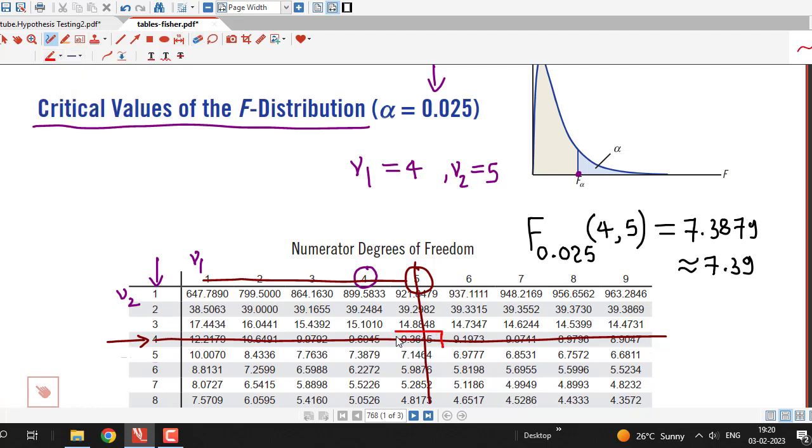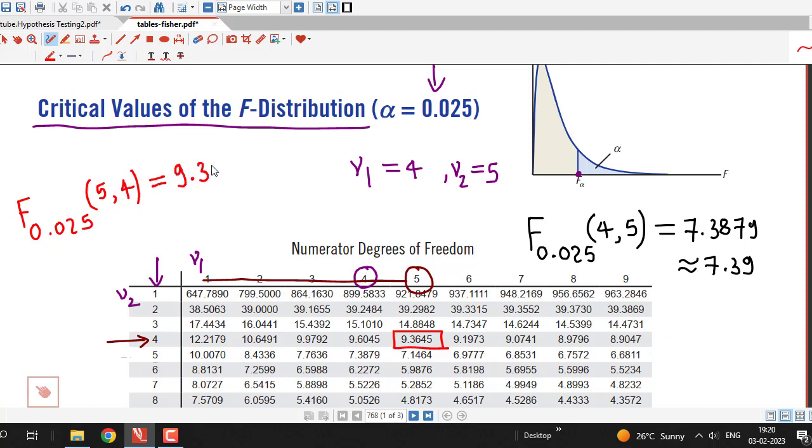So they are intersecting at this point, and now I am removing these two, and I find 9.3645. This is F suffix 0.025 with 5, 4 degrees of freedom.